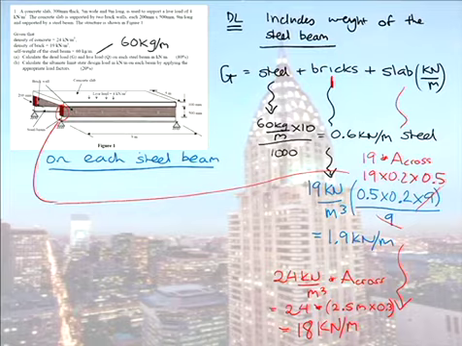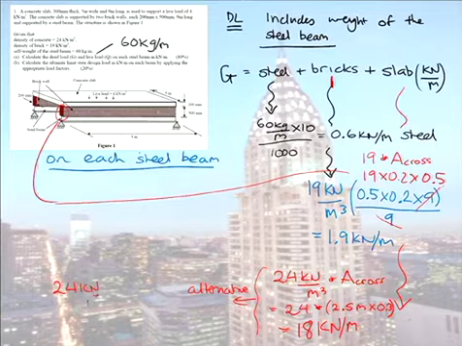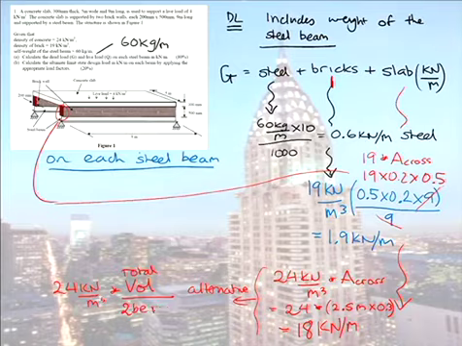The other way to do this is to say 24 kilonewtons per metre cubed times the volume, and we'll say the total volume, divide by 2 beams, divide by 9 metres. So that would be an alternative way to do it.